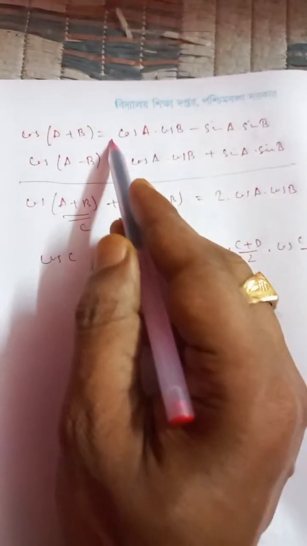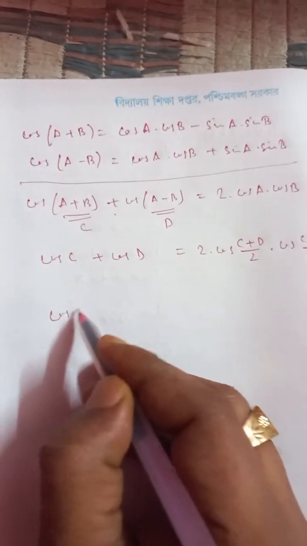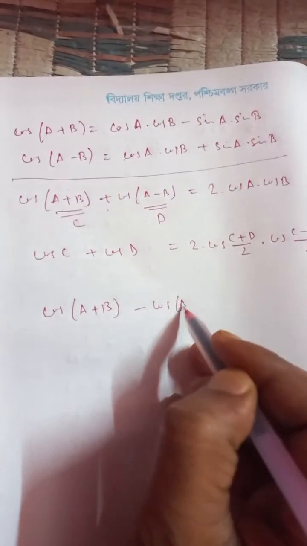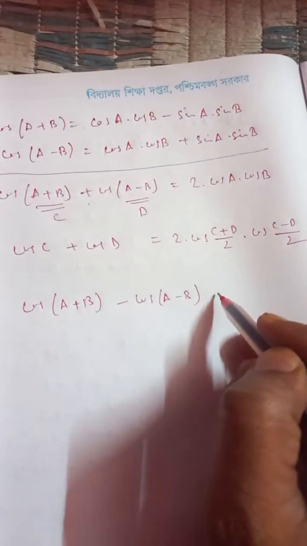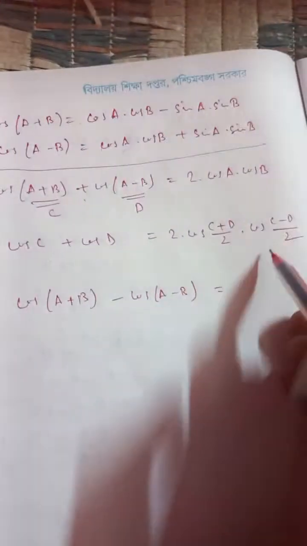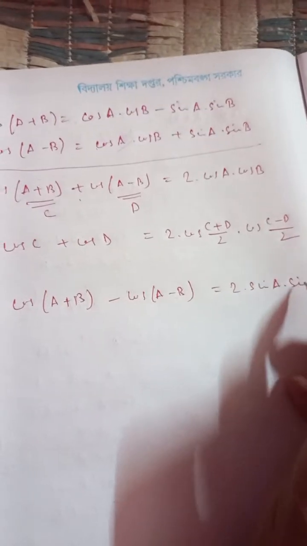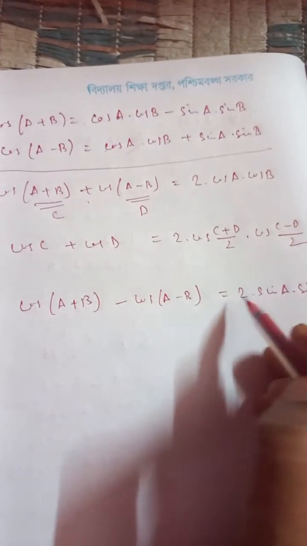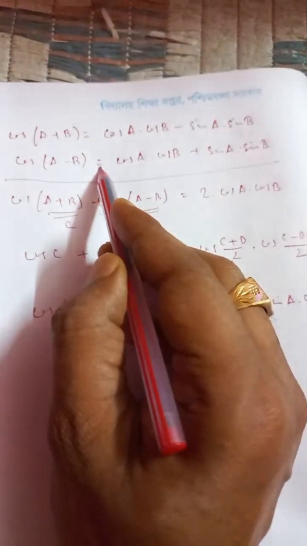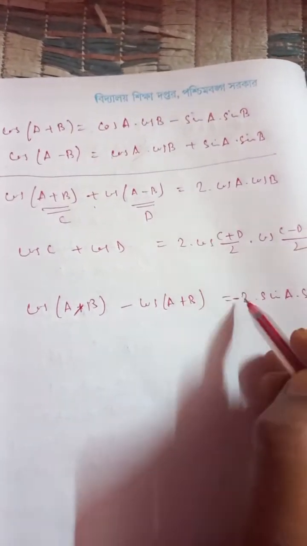If we subtract this, not adding up, but subtract this, then this will be cos (A minus B) minus cos (A plus B) is equal to, then this will vanish, we will have 2 into sin A sin B. If you take this first and this later, then here it will be the negative sign, here it will be the positive sign, then it will be positive.